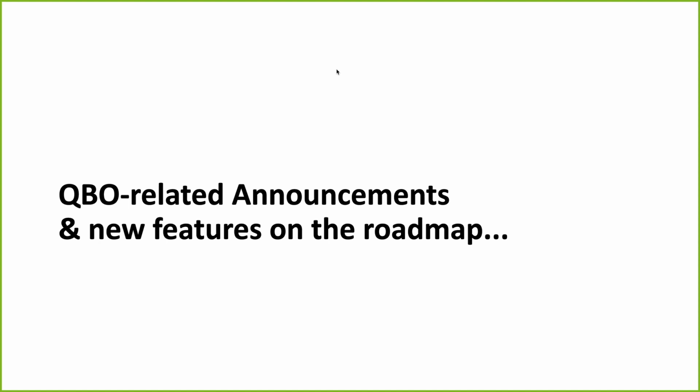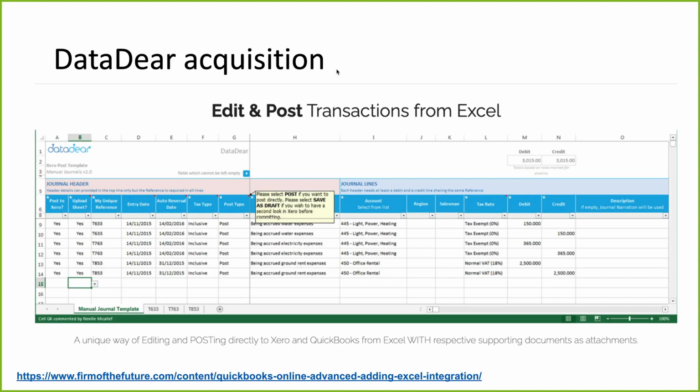So let's talk about some QBO related announcements and new features in the roadmap. The biggest one is that Intuit has acquired a company called DataDeer. It's a UK based company, and basically it's an app that connects to your QuickBooks Online and downloads all the transactions into Excel.